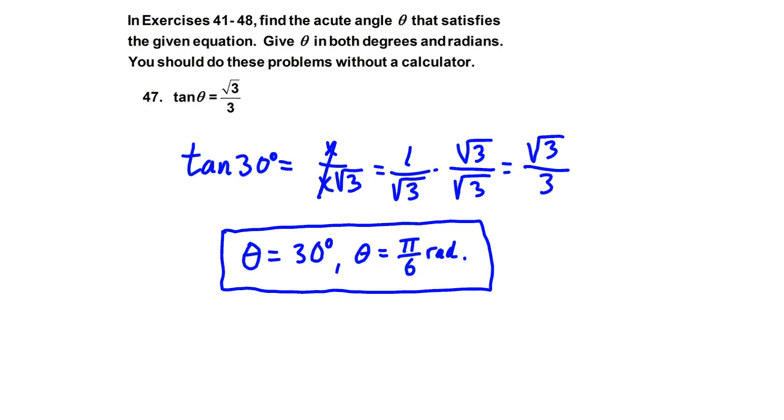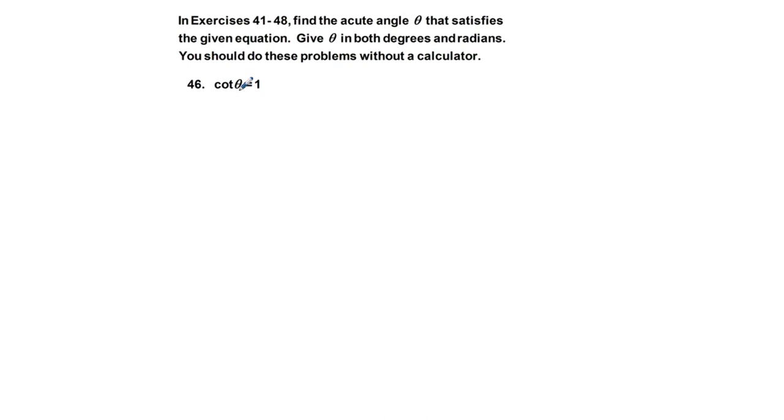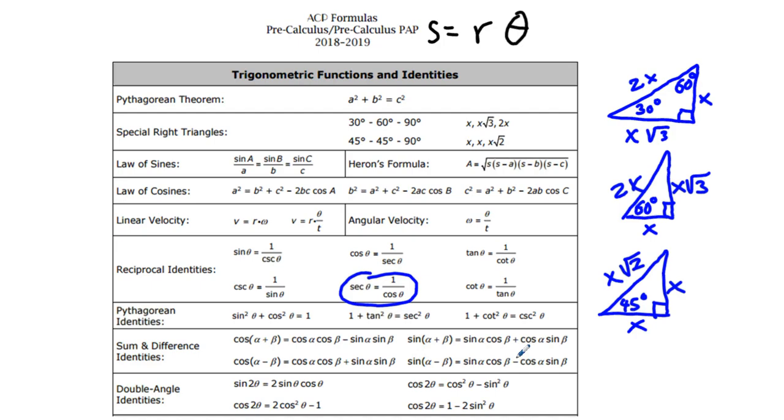Now, in these even numbered exercises, we didn't see any 45-degree angles, but let's look here. Cotangent theta, 46. To get 1 over 1, the only place we see 1 over 1 is this x over x.